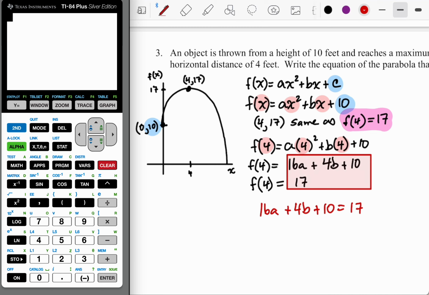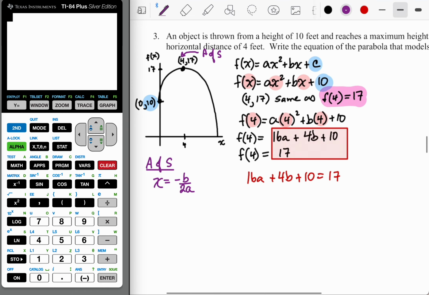But I do know that my axis of symmetry is equal to 4. So this 4 here is my axis of symmetry. We know the axis of symmetry equation, x is equal to negative b over 2a. So instead, I'll say 4 is equal to negative b over 2a. If I cross multiply and solve, I can get the value of b in terms of a.